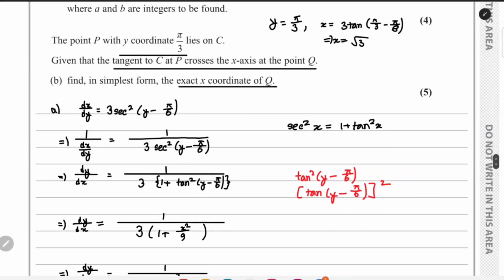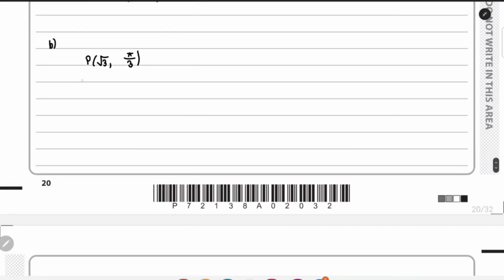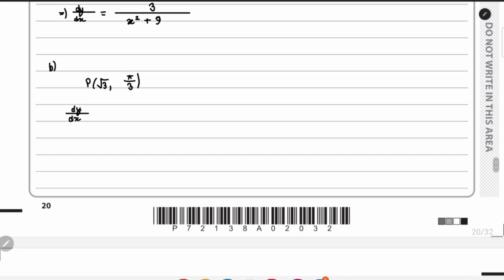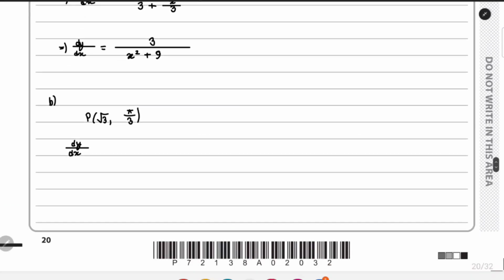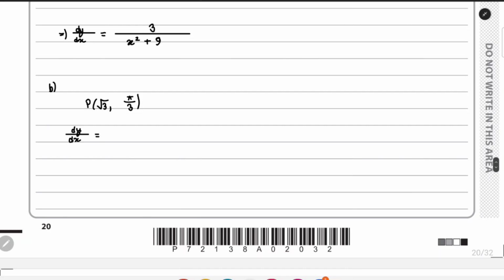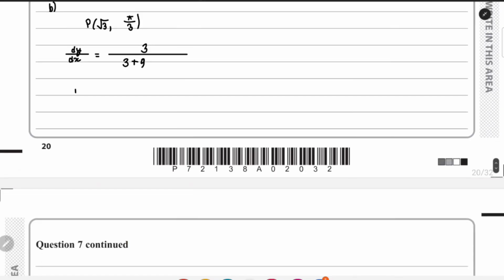Now we have to find the equation of the tangent, so we need its gradient. Its gradient will be found by placing the value of x equals root 3 in this equation. So the gradient of the tangent is 3 divided by (root 3 squared plus 9), so 3 over 12. We are left with 1 by 4. So the gradient of the tangent is 1 by 4.